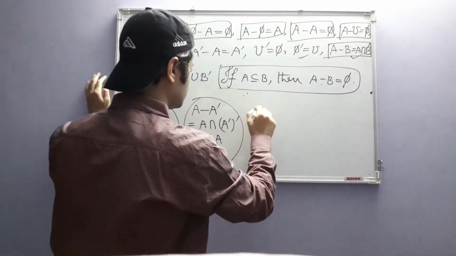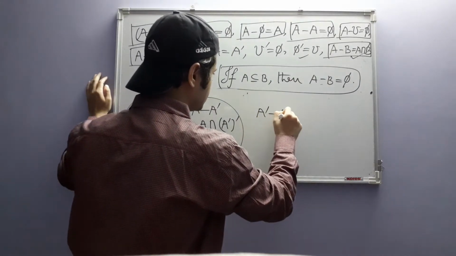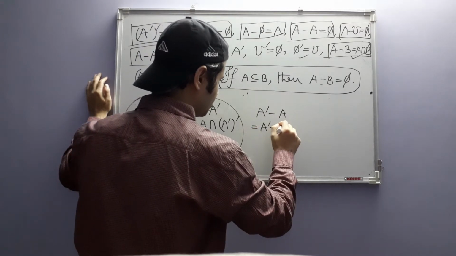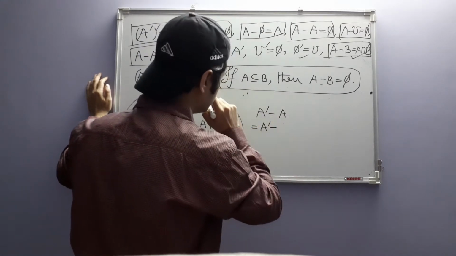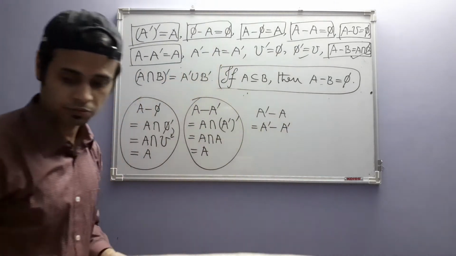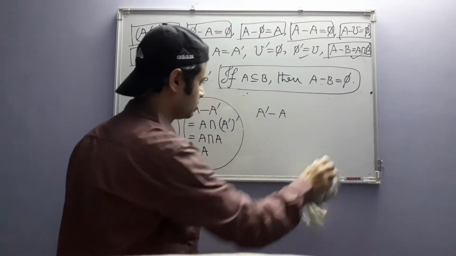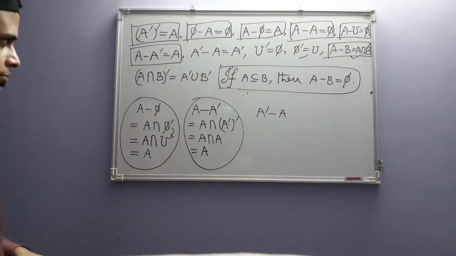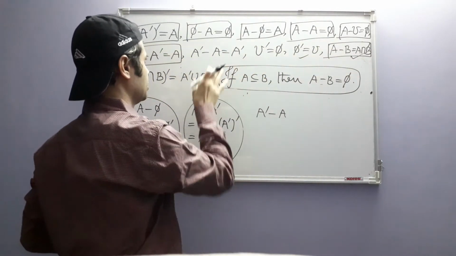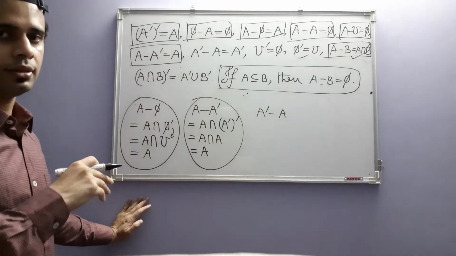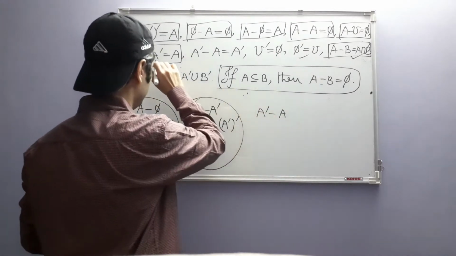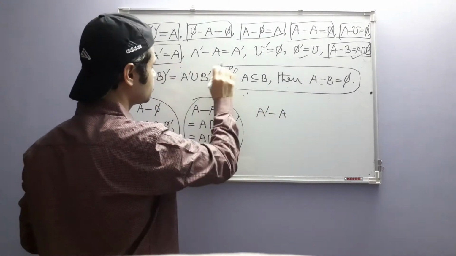What about this one? Same, A minus A prime. You can write this as A prime minus A prime. Oh, sorry, I forgot what I am doing. Now, instead of using this one to prove this one, I can take even one more step ahead and use this one to prove this one.